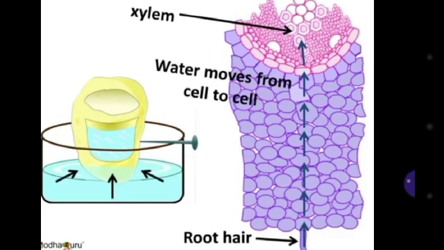Root hair absorbs water from the soil, and minerals in dissolved form enter into the roots. The water and dissolved minerals can move from one cell to another and reach the xylem tissue.